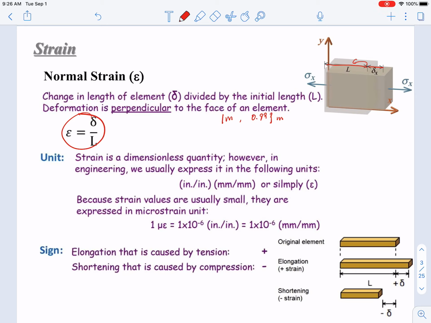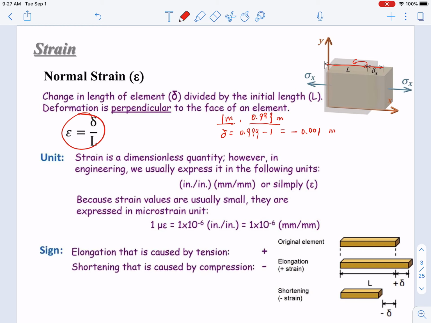This is original length, and this is the length after deformation. So what is the length change? Length change delta will be calculated as 0.999 minus 1, that is negative 0.001 meter. So this is the change in length. It's a negative number because it becomes shorter. Do not forget the negative sign.